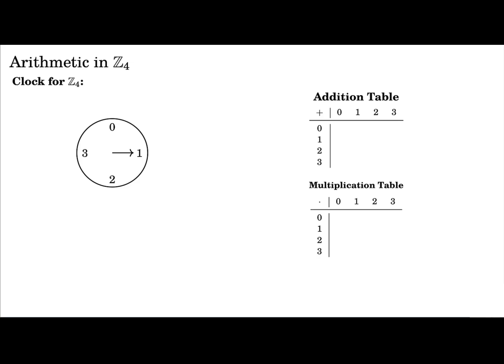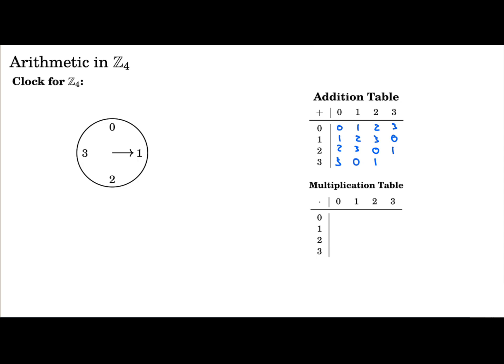And let's fill in the addition table. Always good. So when you add by 0, you just keep the same number. 1 plus 1 is 2. 1 plus 2 is 3. 1 plus 3 is 4, and that's where things are different than the integers, because 4 here is 0, right? 2 plus 2 is 4, which we already saw, that is 0. 3 plus 2 is 5, which is 1 here, because if you divide 5 by 4, you get a remainder of 1.